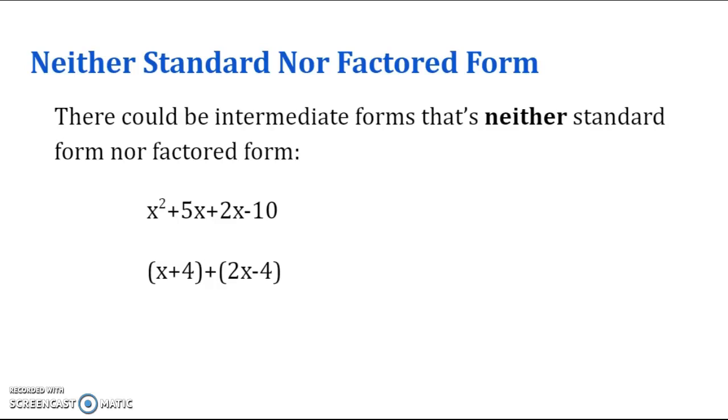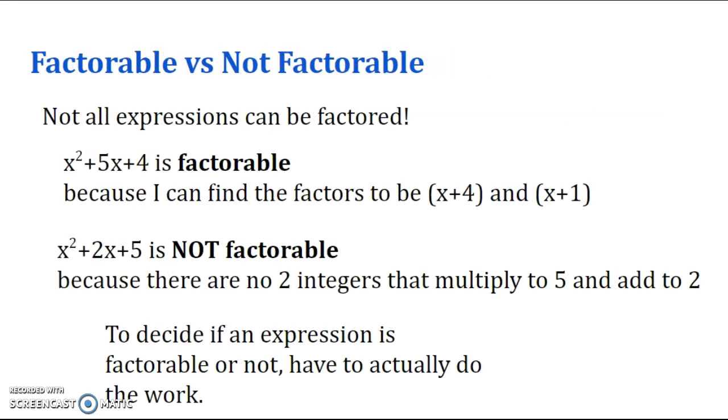This might look like a factored form because you have two parentheses, but for it to be factored, it has to be multiplication between the two parentheses. Because of the plus, this is not a factored form. So do not get that confused, please.